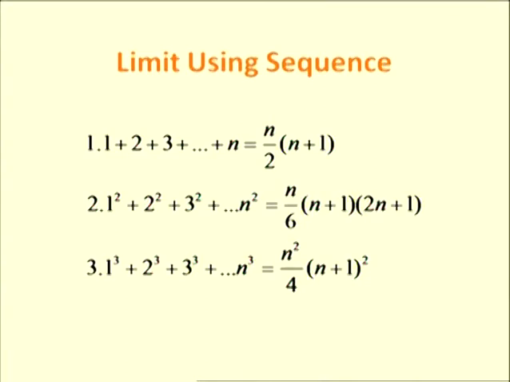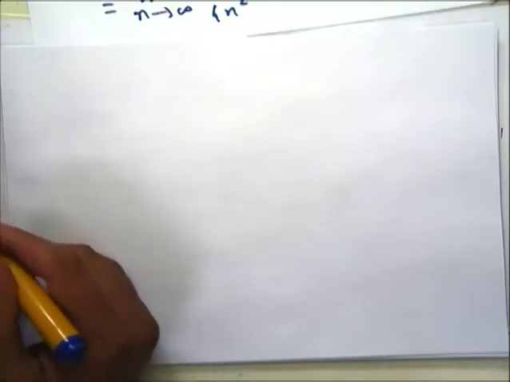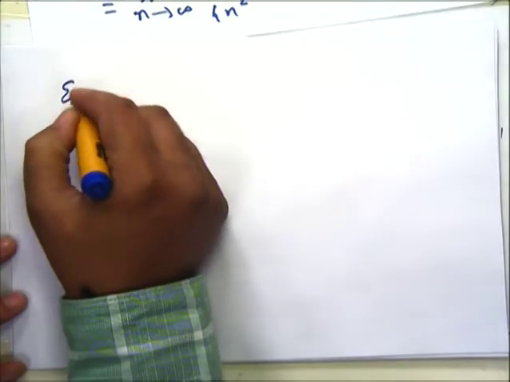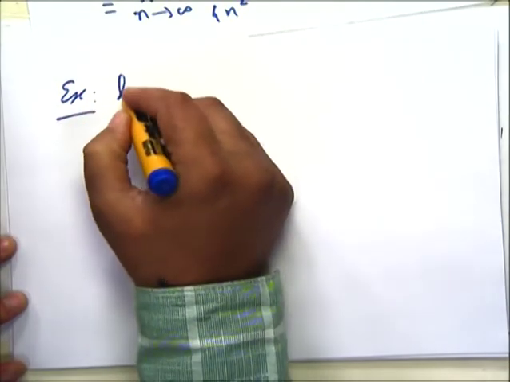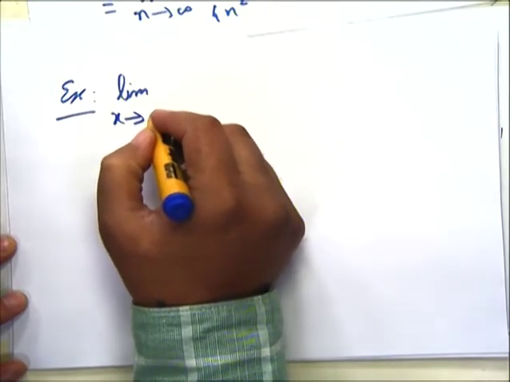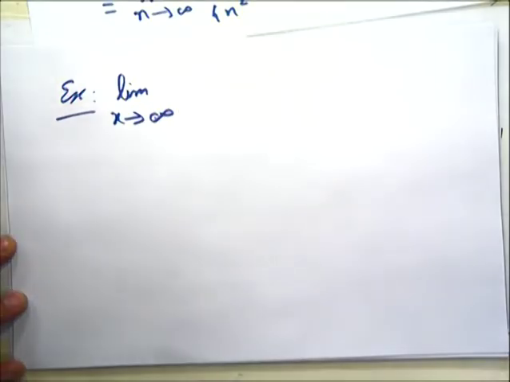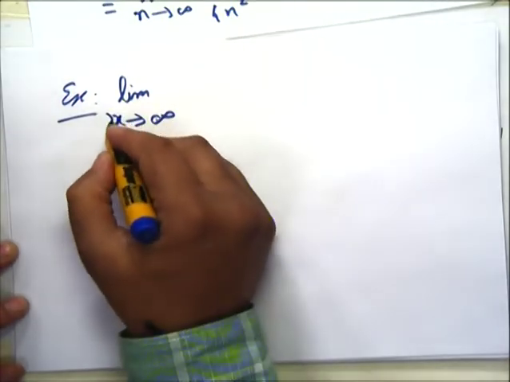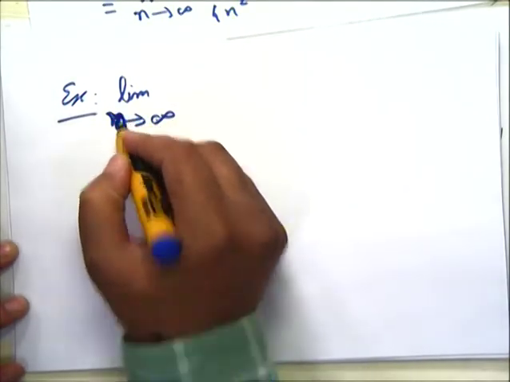Now we are using again the first sequence here for a different example. Example: limit n tends to infinity.